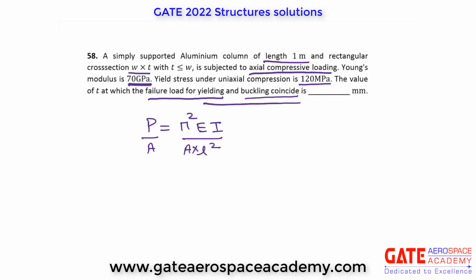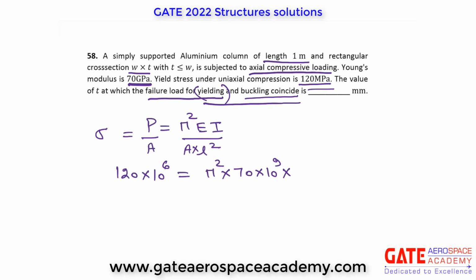Both side division by area, it will be stress, and this should be equal to yielding stress, that is 120 MPa. So it is 120 into 10 raised to power 6 is equal to pi square into E 70 GPa. So 70 into 10 raised to power 9 into I.